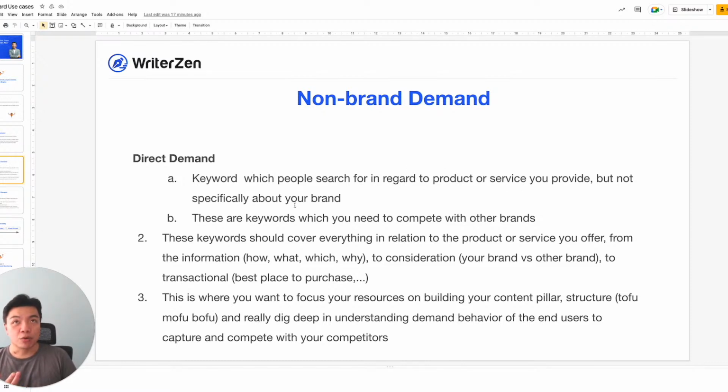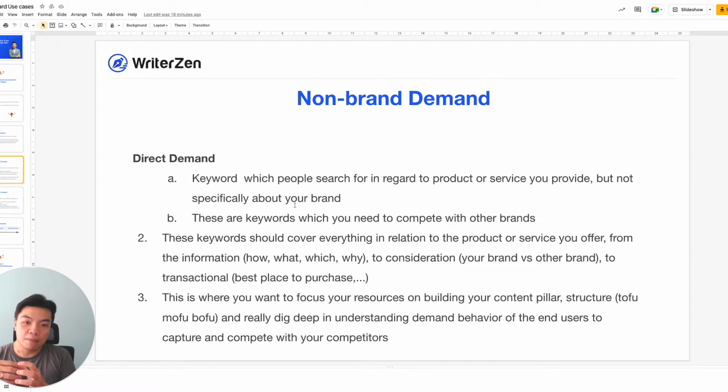So for example, Purple Mattress, right? Purple is the brand. They already figured out every demand people possibly have regarding their brand, but they kind of forget about mattress, which is the product and service that they provide.